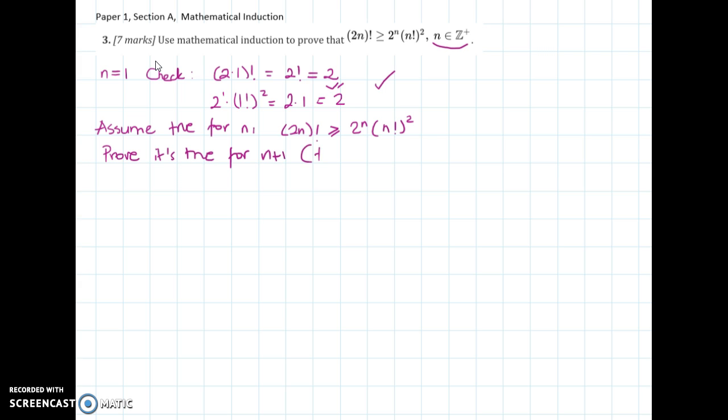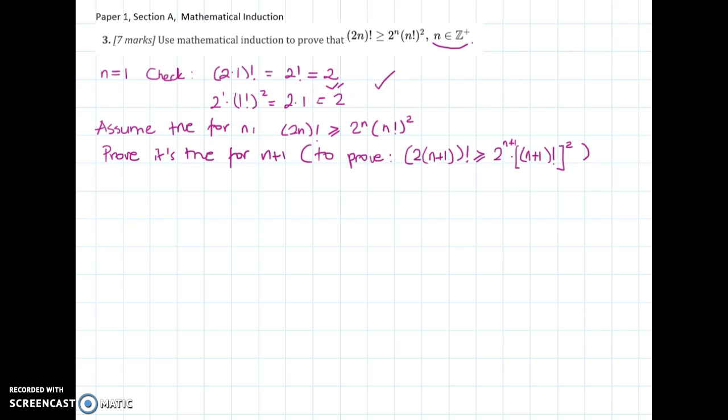The statement we are trying to prove is that (2(n+1))! is greater than or equal to 2^(n+1) times ((n+1)!)^2. This is what we want to prove.